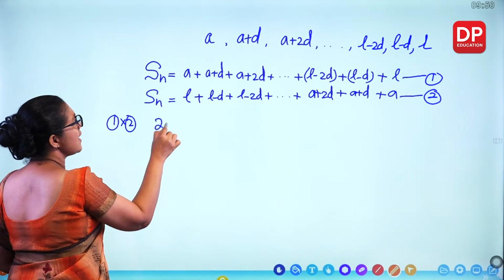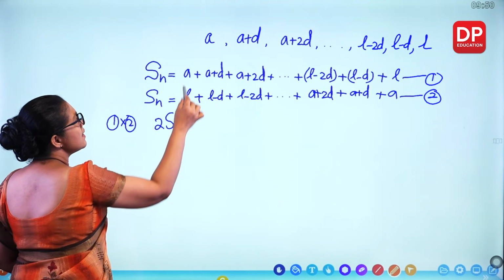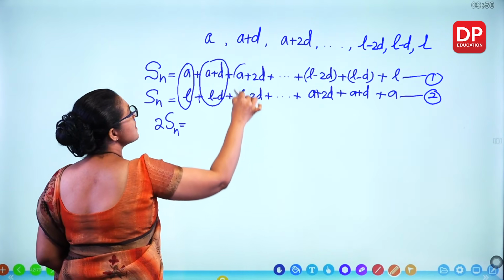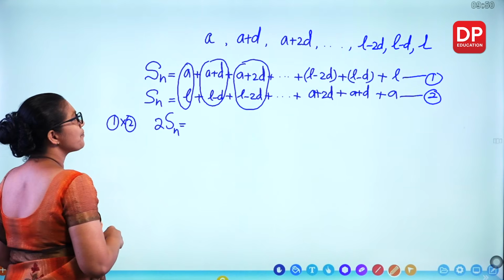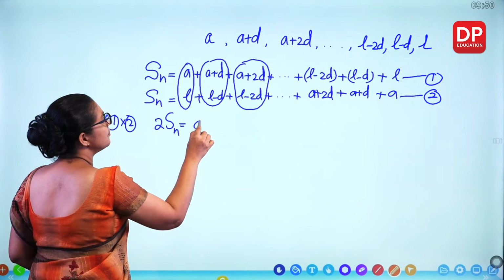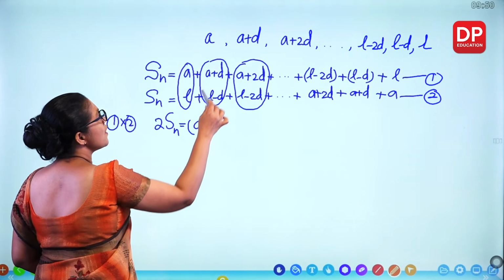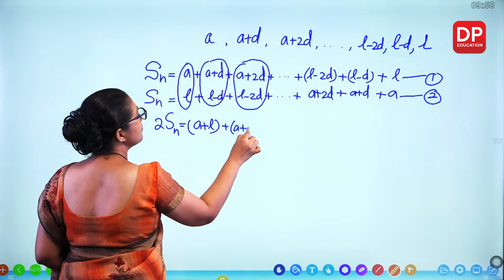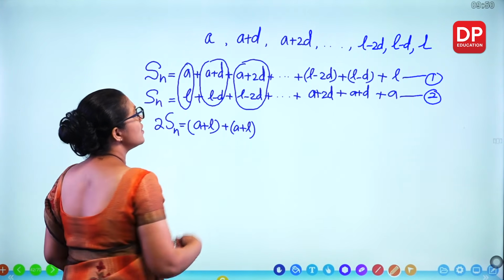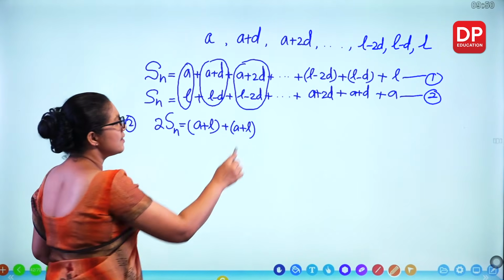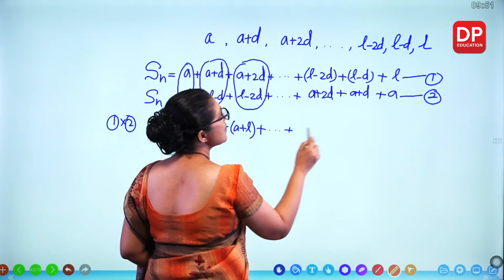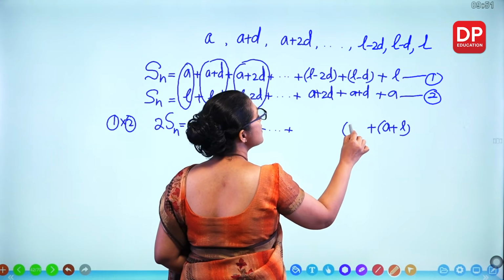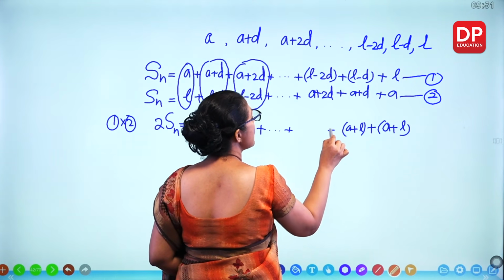Sn and Sn, I can write 2Sn. Each term, can you see, when you add, what happens? You get the same term, A plus L. Here D gets cancelled out, you get A plus L. Here also A plus L. And the last term also gives A plus L. So all these terms give A plus L.